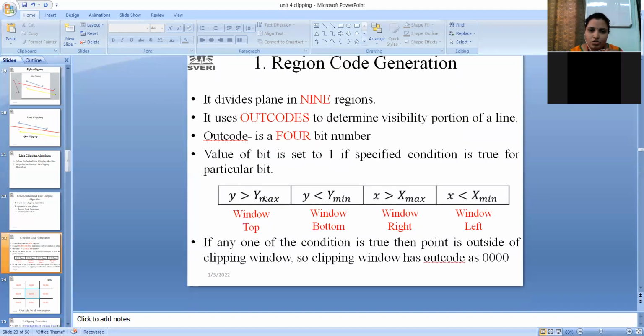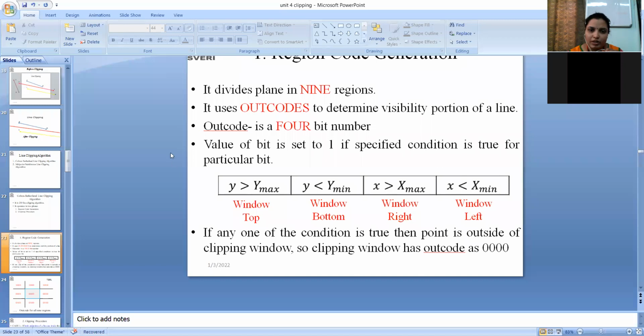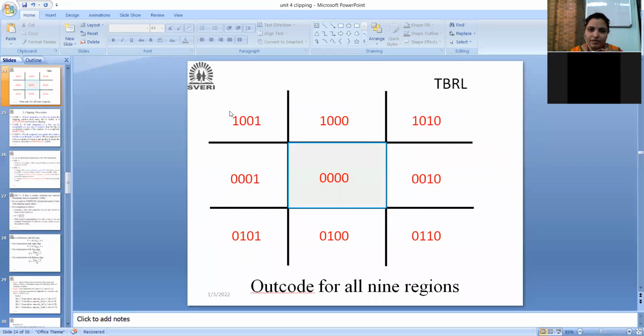The plane is divided into 9 regions, and a 4-bit binary number is specified like this, where 0000 indicates the clipping window, and the outer 8 parts have their own region codes depending upon their location.